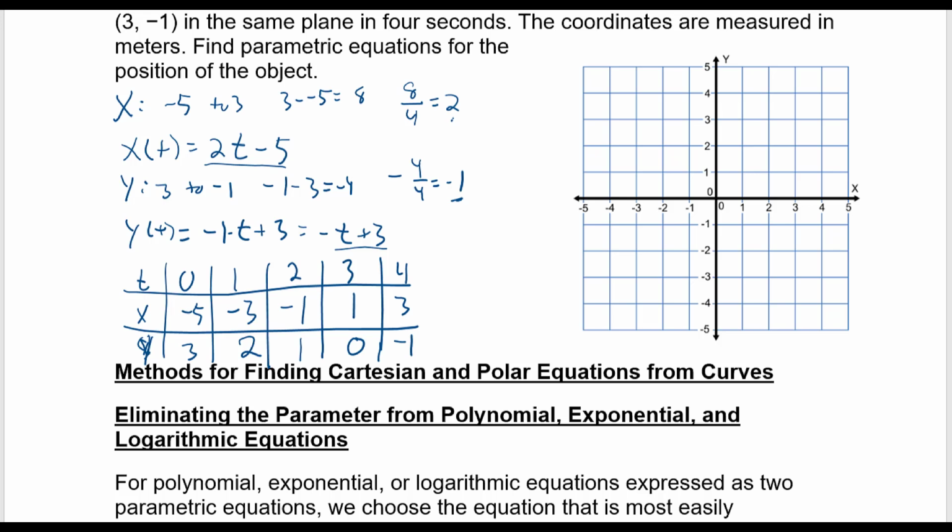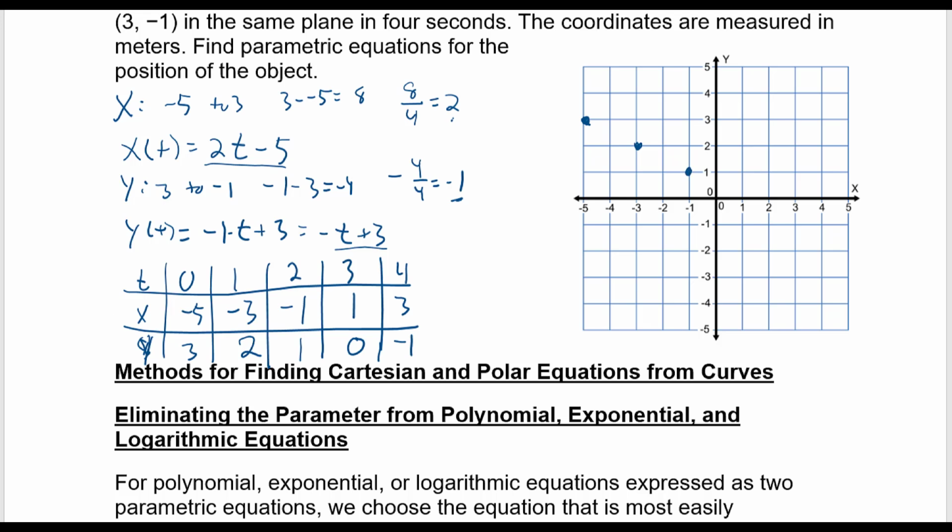So it looks like we're getting to the right places. Now we can plot this. We have -5 corresponds to 3, -3 corresponds to 2, and -1 corresponds to 1.